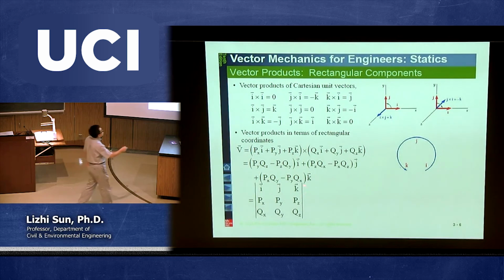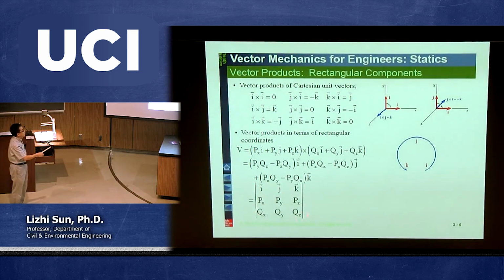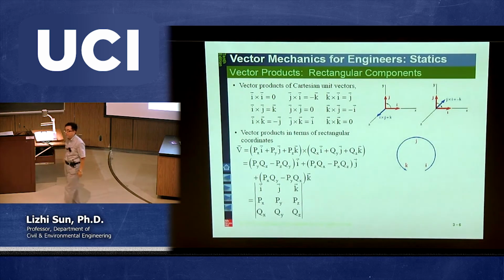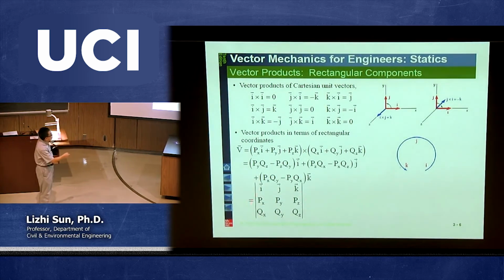There's another equation to show you the result, which is, in fact, the determinant of a 3 by 3 matrix. If you are pretty familiar with matrices and determinants, then you can use this equation.